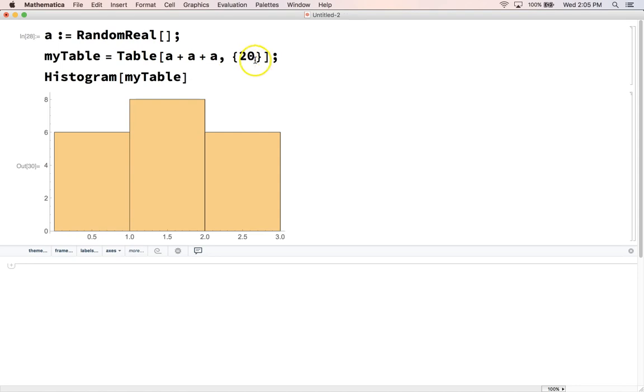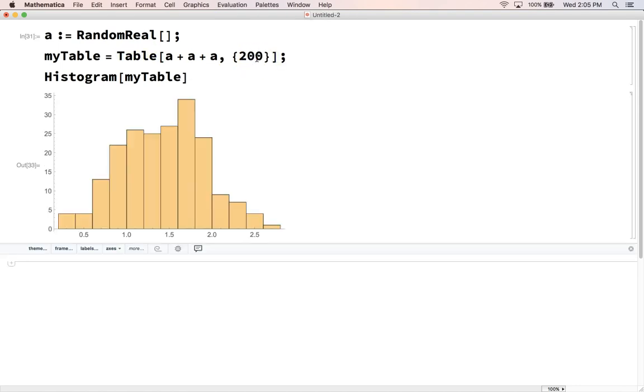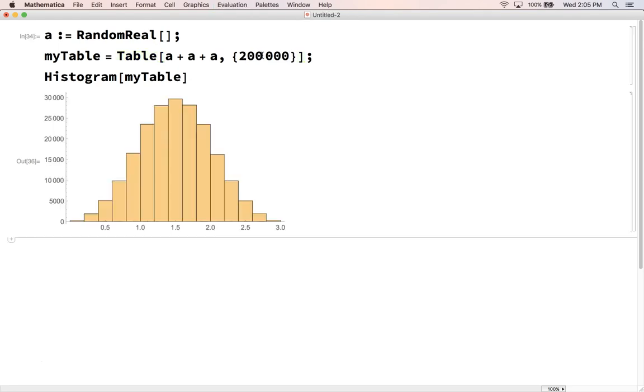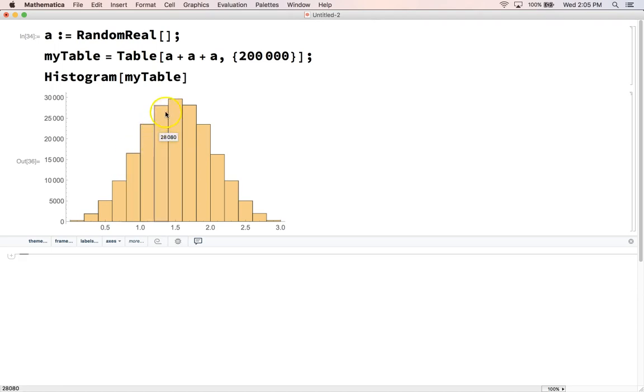So again, I can't really see what the pattern is. Let's go up to 200. And let me go all the way up to 200,000. So you can see that I'm getting this normal shaped curve. Okay, this bell curve. And it's really interesting in statistics and probability how often this shape of a curve shows up.